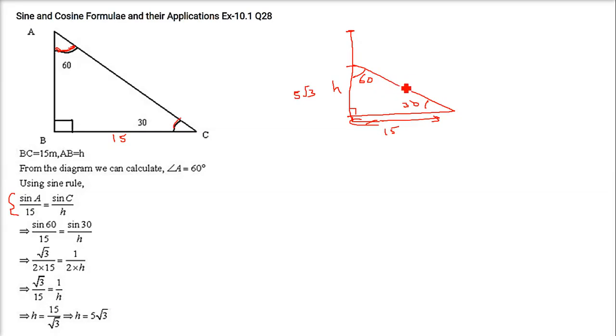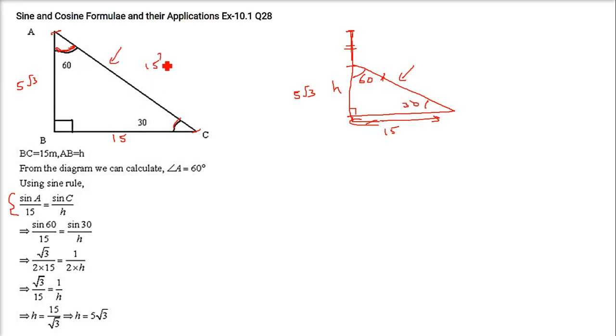Now here, if you see this one, how to get this side? Because we need to get this side, because this was the same side, this and these are equal, because the tree is broken from here and now the same length is here. So we will try to find out this side, say AC. If this is 15, this is 5 root 3, what will be this side?